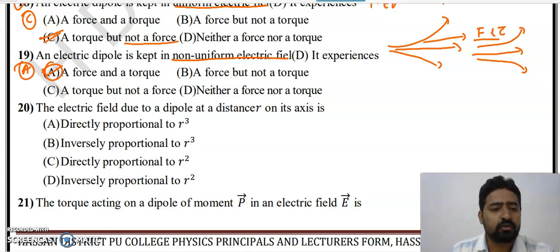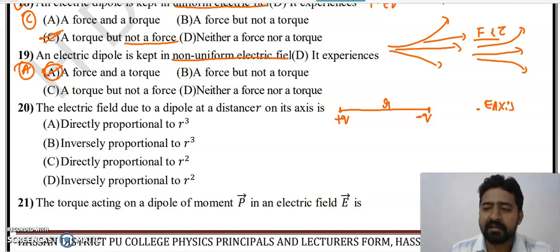Next, move to the 12th question. The electric field due to the dipole at a distance r, that is a plus q charge and a minus q charge separated by the distance r. What is the electric field on the what?